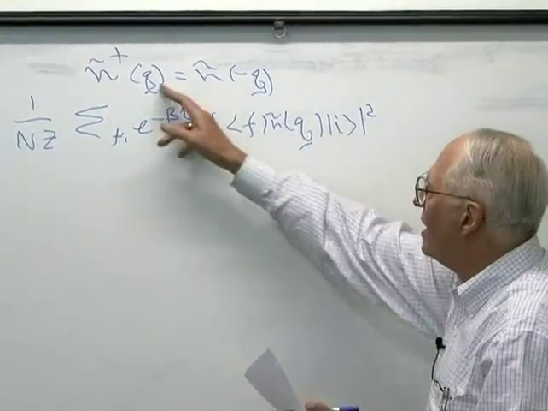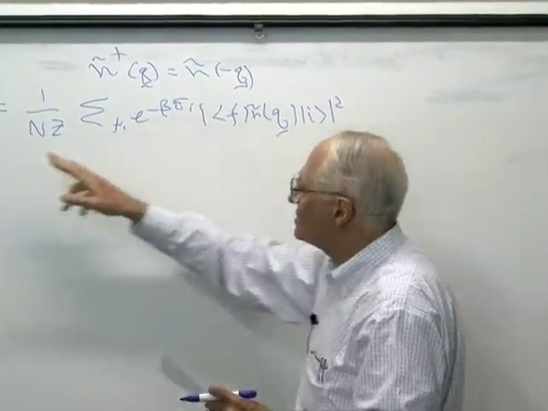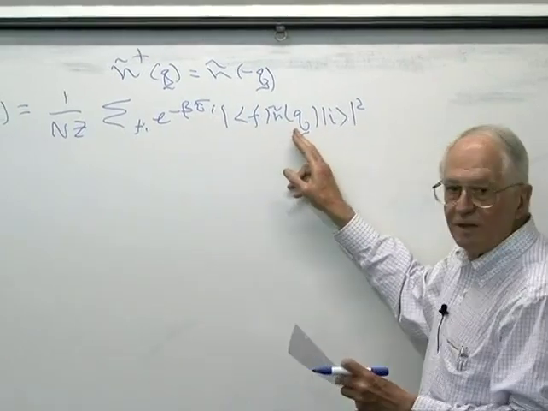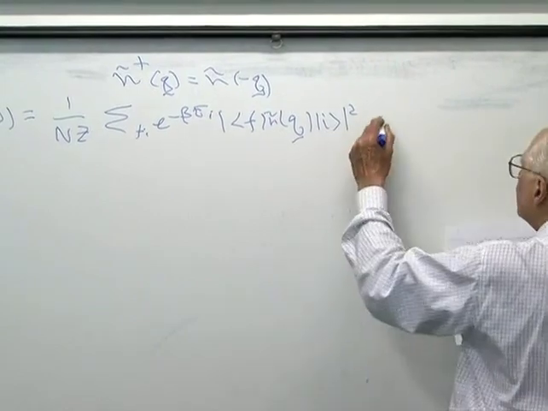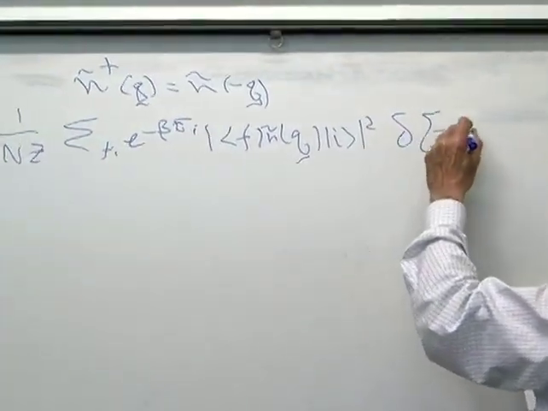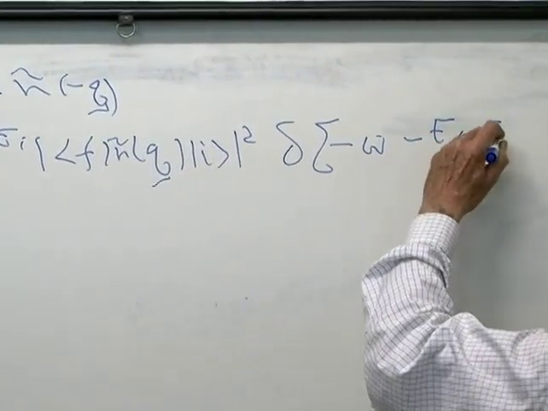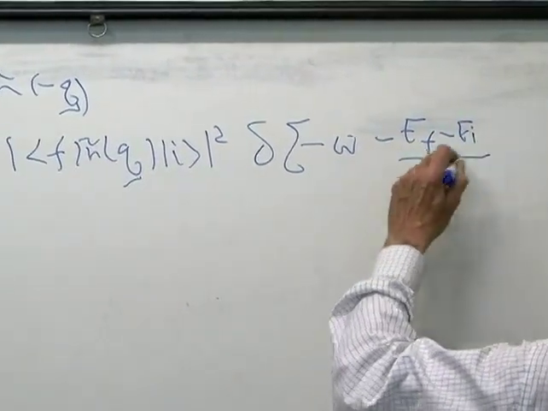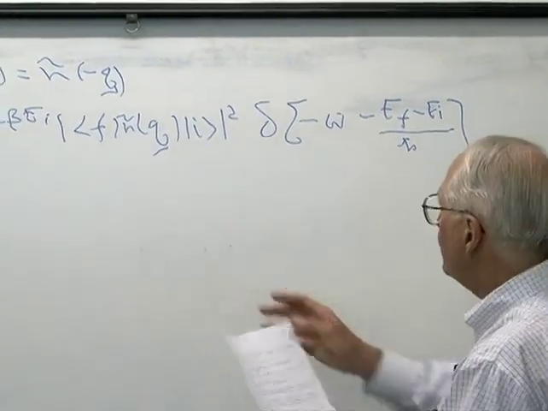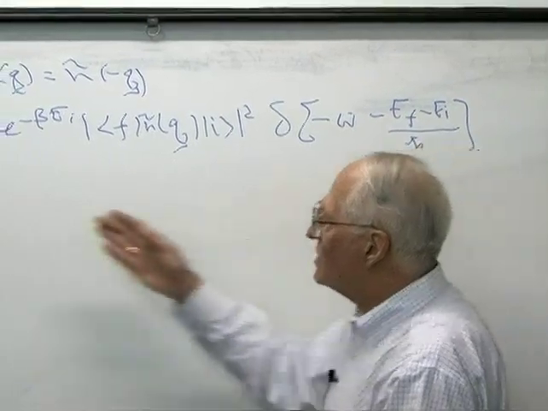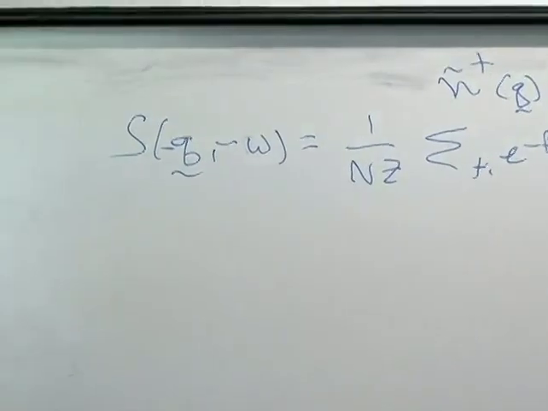And I'm using this property to write this as N of minus Q. And since I've changed the sign of Q, I just get N of Q here because of the actual minus sign. And then I get a delta function, which is minus omega minus EF minus EI over H bar. Okay? So this is just writing out the original definition but putting in minus signs, which take you this factor here and the minus omega here.